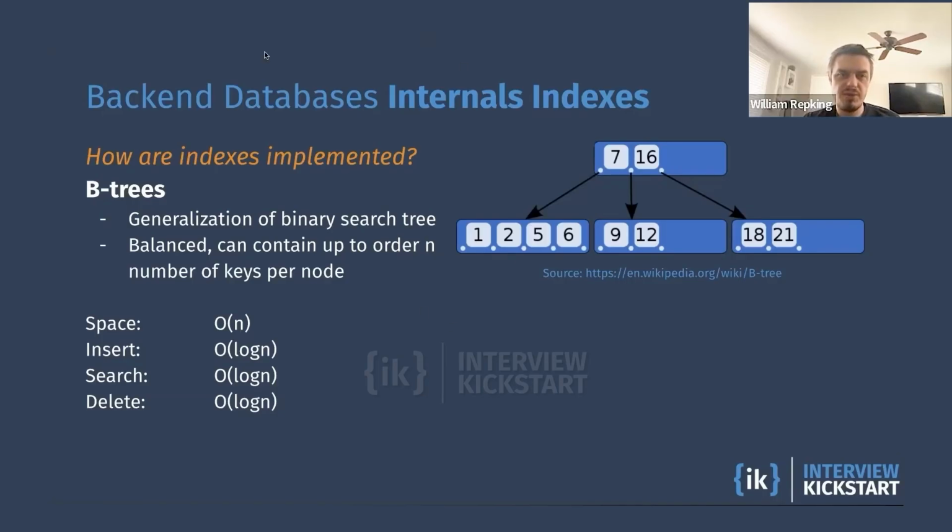But if you think of how we're approaching this, we're doing depth first search, so it's ordered by depth first. We go to 7, and that points to this list. 1, 2, 5, 6, these are already in order. Then we go back up, and then we go down, 9, 12, and we go back up, get to 16, and then we go to the right, 18 and 21.